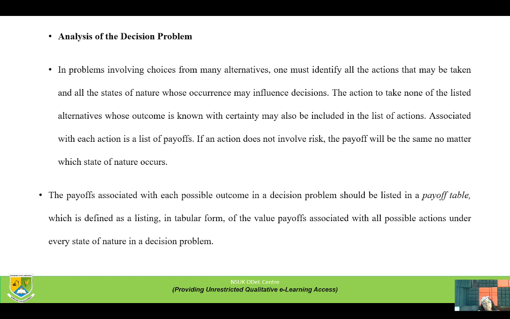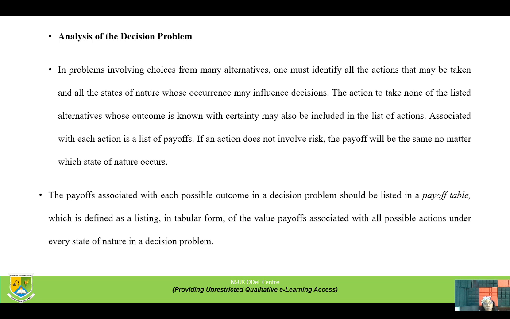Associated with each action is a list of payoffs. If an action does not involve risks, the payoff will be the same no matter which state of nature occurs. The payoffs associated with each possible outcome in a decision problem should be listed in a payoff table.